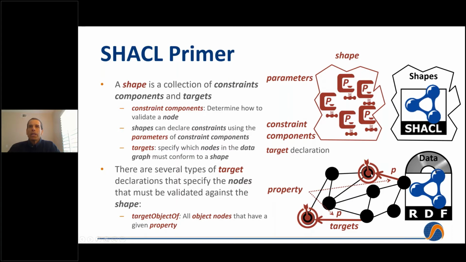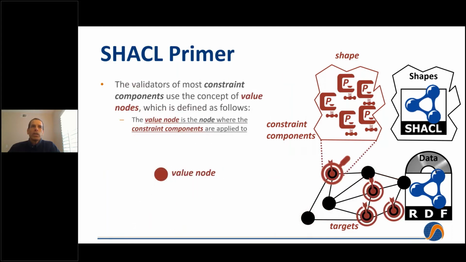And our last definition, and we conclude our definitions, is the value node. We have to understand this value node, and we'll understand later in the exercise how those ADMs and the SHACL shape work. The validation of most constraint components uses the concept of value node, which is defined as follows. The value node is the node where the constraint components are applied.